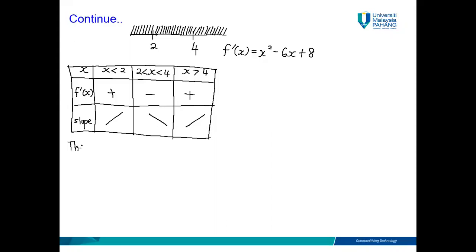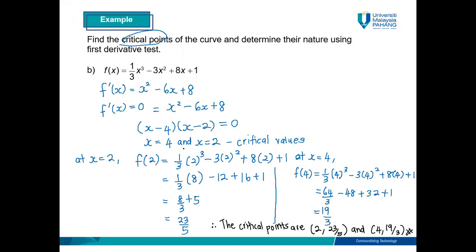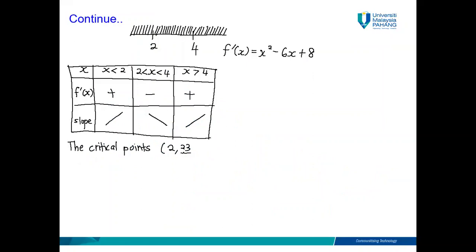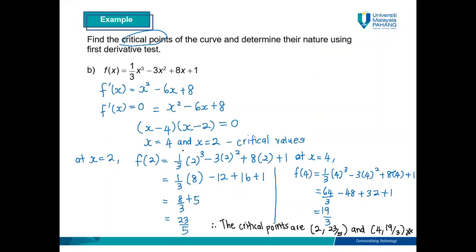The critical points: 2, 23 over 5. Sorry, here I made a mistake, I just noticed: it is 23 over 3.